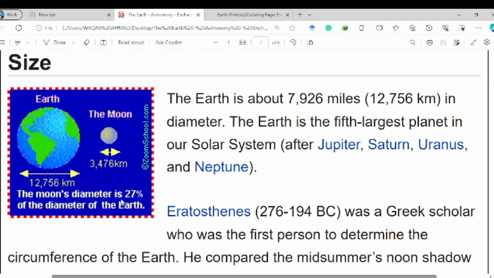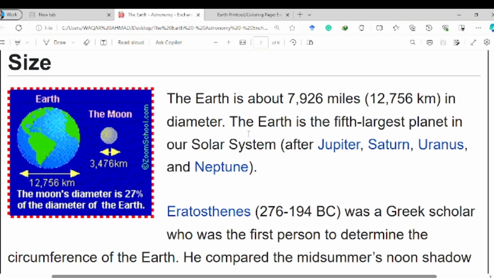The Moon's diameter is 27% of the diameter of the Earth. So this is a much smaller moon revolving around the Earth. The Moon's diameter is 3,476 kilometers, and the Earth is about that much in diameter.